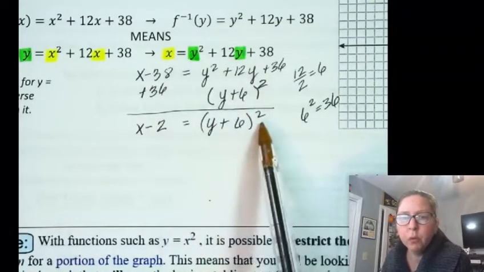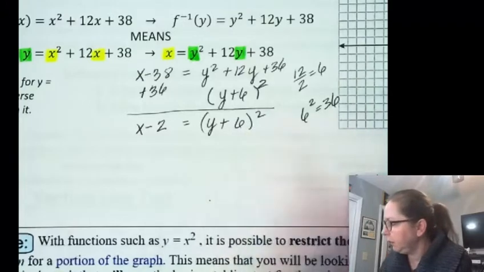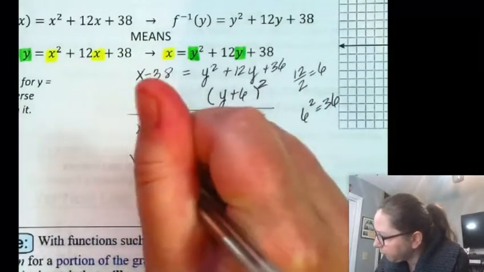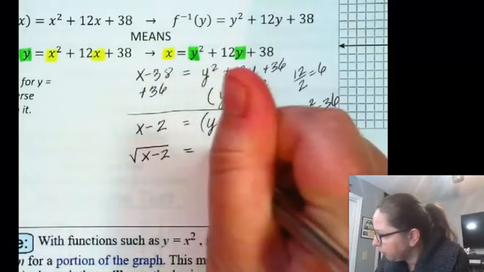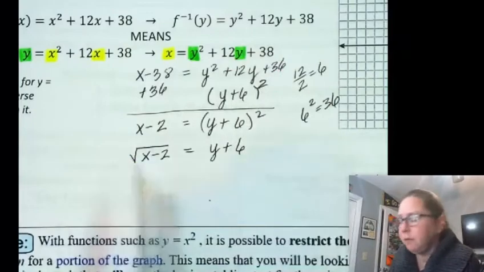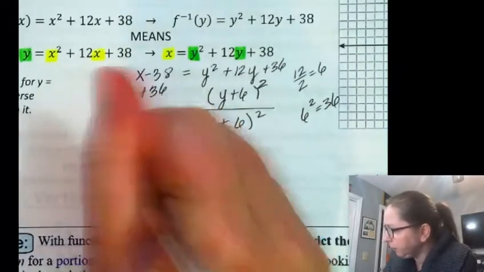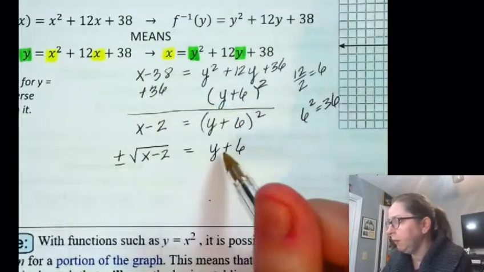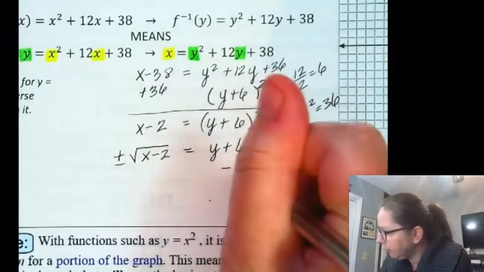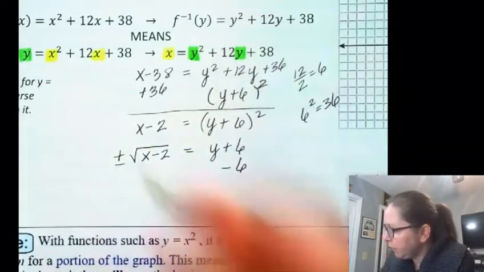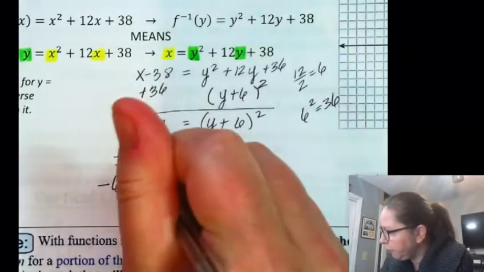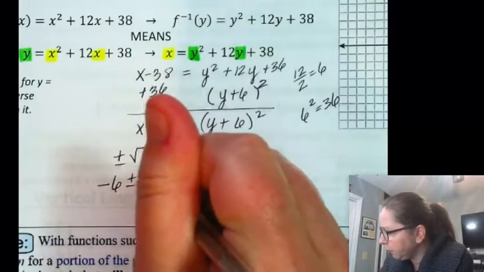So let's square root both sides to get this by itself. Okay, and then don't forget that this is a plus and minus here. And so final step to get the y by itself, I need to subtract 6. But I want to put that in front of the square root just to keep the formatting proper.